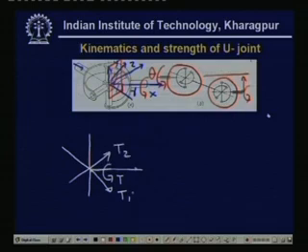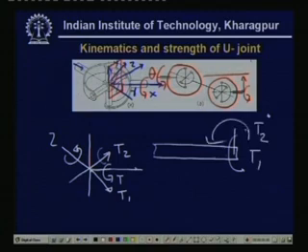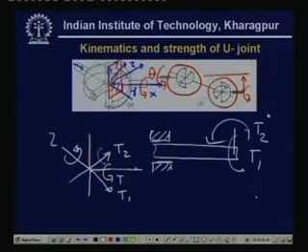This T1 is responsible for turning of the shaft, whereas this T2 induces some bending moment. If you look at shaft 2, there is one T1 and another T2, and this T2 is nothing but the bending moment. So you will have to have some bearing here, and this bearing gets stressed and it leads to even fluctuating stress, and that may lead to failure. So these are the problems with the universal joint.